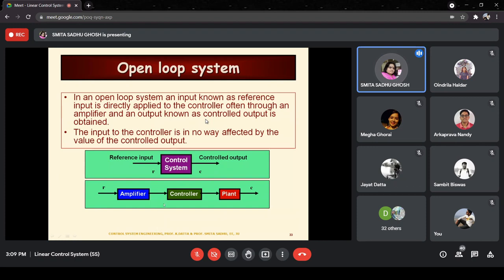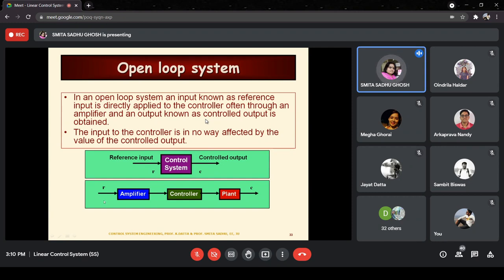So basically the controller generates the input signal for the plant, and the plant accordingly has a controlled output, or an output as we call it. Basically, the controller in an open loop system acts on the basis of only the reference signal, via the amplifier, of course.